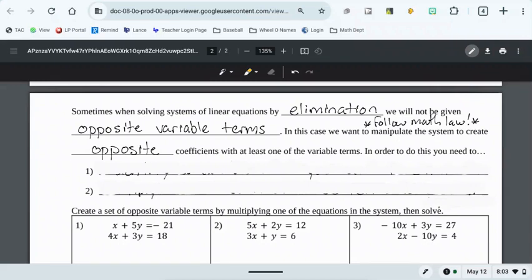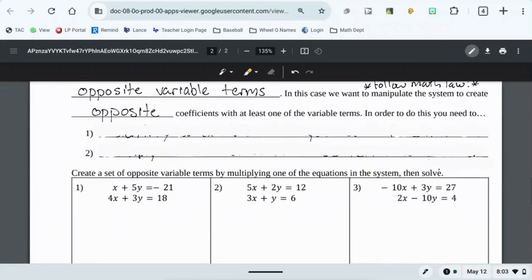In order to do this, here are the two steps. Step 1: identify a variable that you want to eliminate. So pick one of the variables. X, I want to eliminate X, or I want to eliminate Y. It technically does not matter which one you choose, but you'll see in the upcoming situations that it's going to be a lot easier to do it with one of the variables rather than the other.